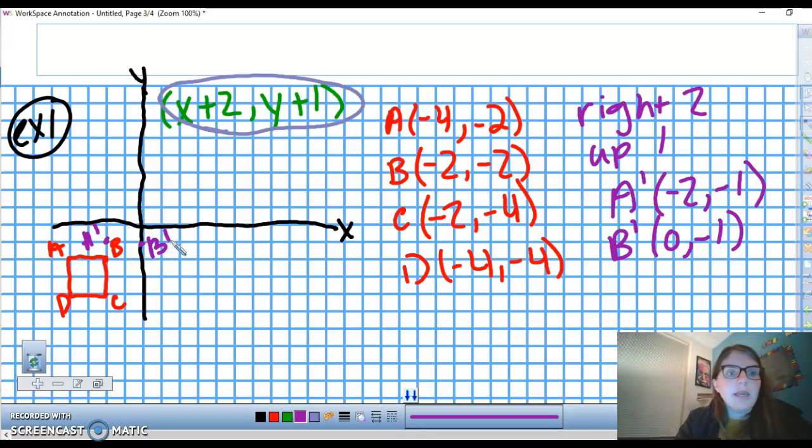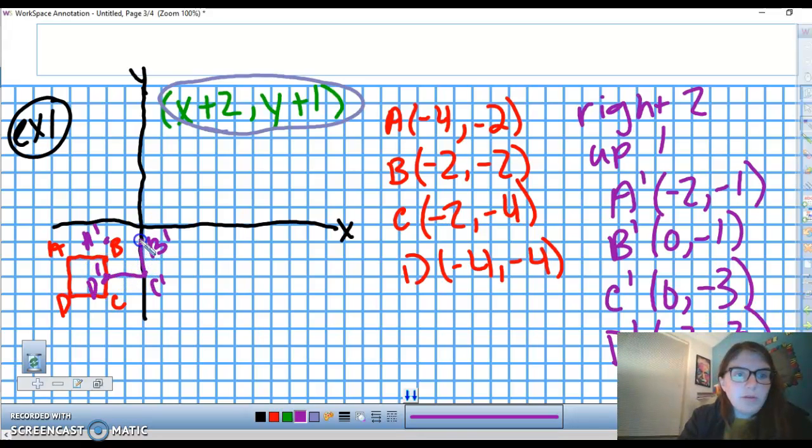C prime, if I move right 2 and up 1, that would be C prime, the ordered pair 2, -3. And D prime, if I move over 2 and up 1, that would be my D prime, and D prime is going to be at the ordered pair -2, -3.